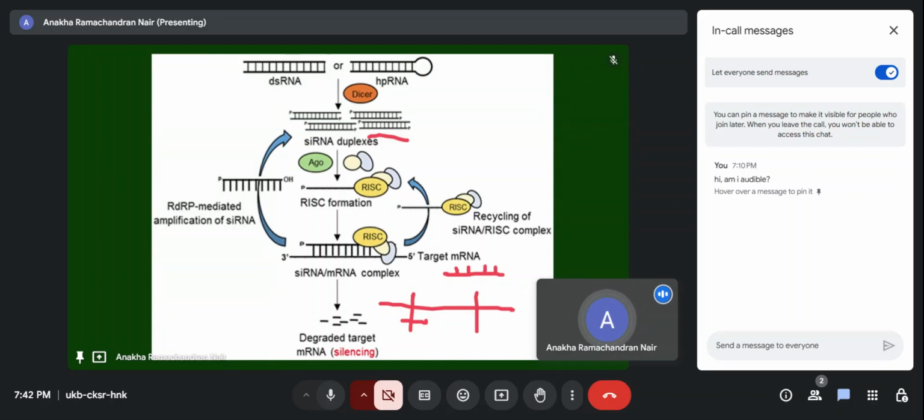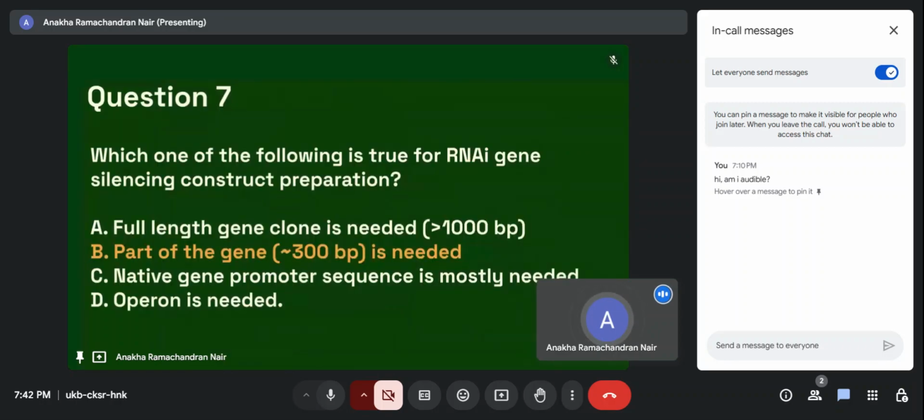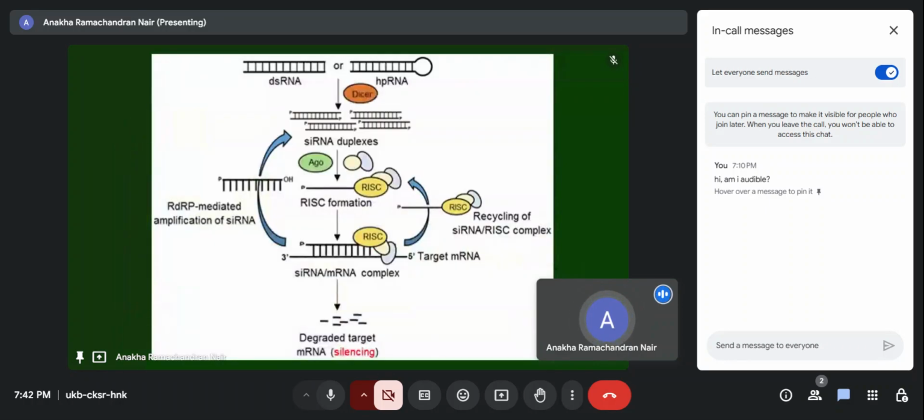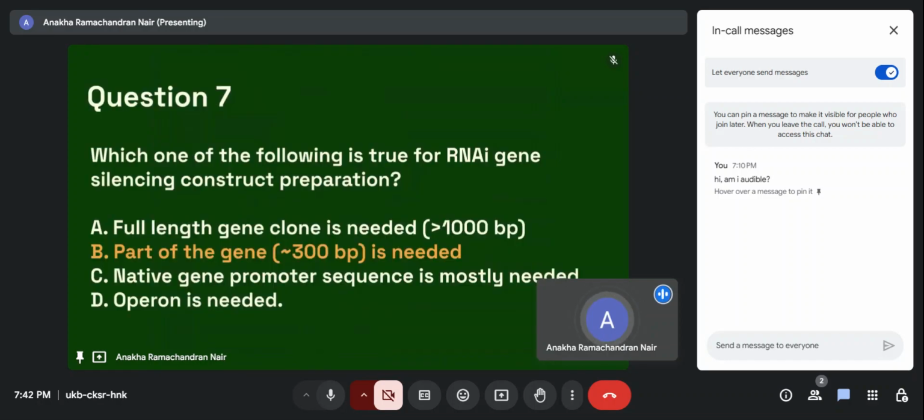With respect to this question, the correct answer is part of the gene, that is 300 base pairs is needed. Right here you can see that a double-stranded RNA is being broken into smaller pieces. So to prepare an RNAi gene silencing construct, only a segment of the gene is required, mostly around 300 to 500 base pairs long, and this will generate small interfering RNAs.